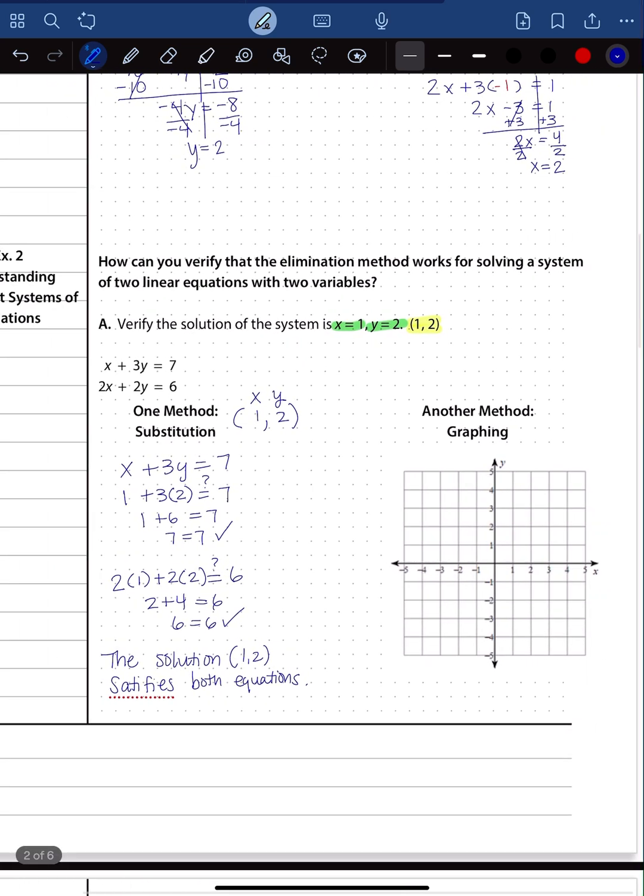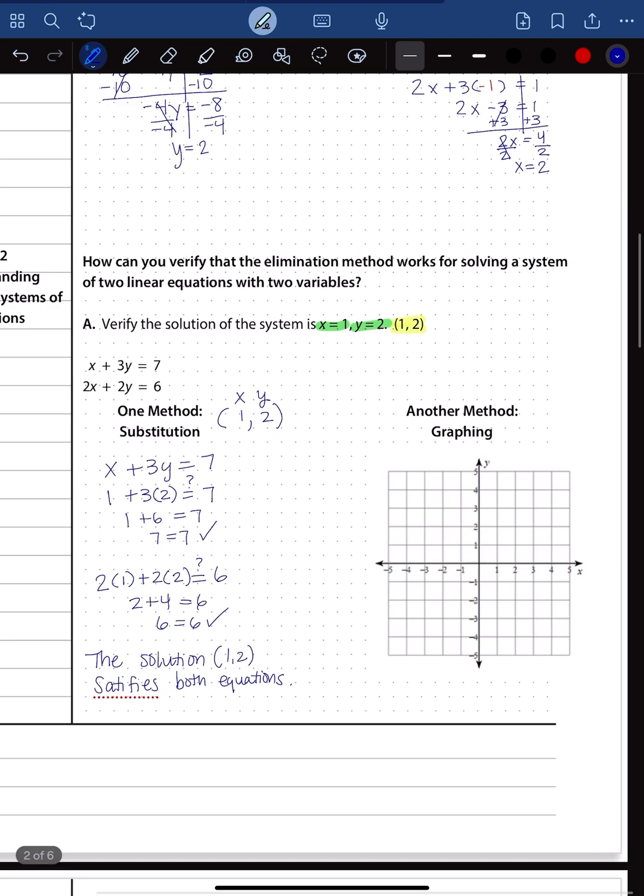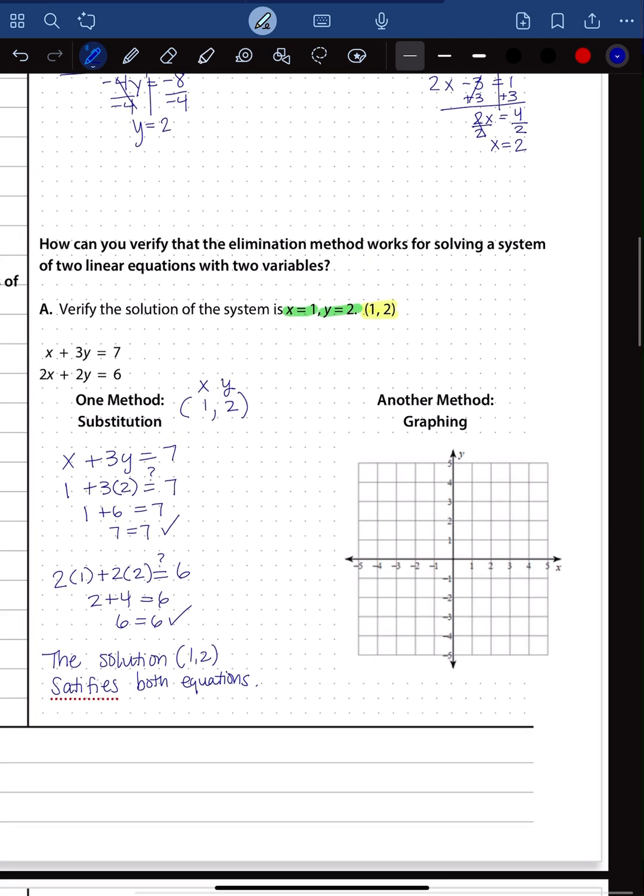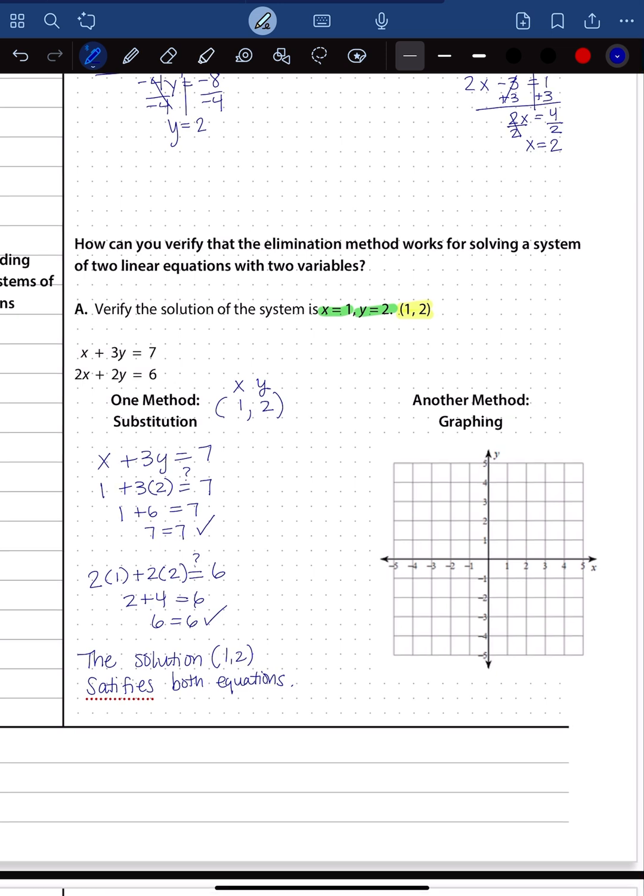Okay, let's look at another method. If we take this system of equations and we graph it, we want to see, can we see the solution when we graph it? Do they intersect at 1 comma 2? So I'm going to first graph this top one here. I'm going to convert it to slope-intercept form, so that means solve for y.